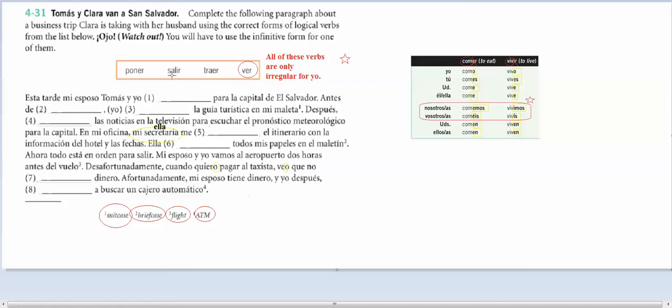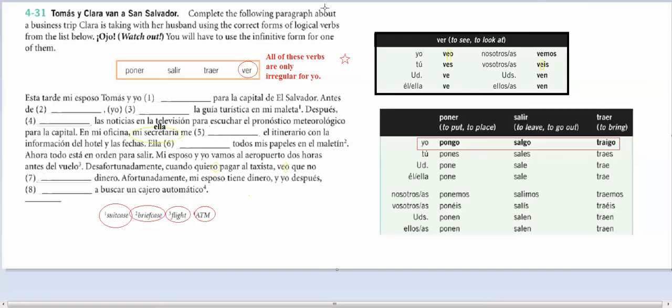You saw poner, traer, and salir just a minute ago. Ver is irregular in that it keeps its E in the yo form. Here are the verbs conjugated out for you, and you can see that ver, which you had learned in a previous chapter, falls in with this category because it's irregular just in the yo form as well.